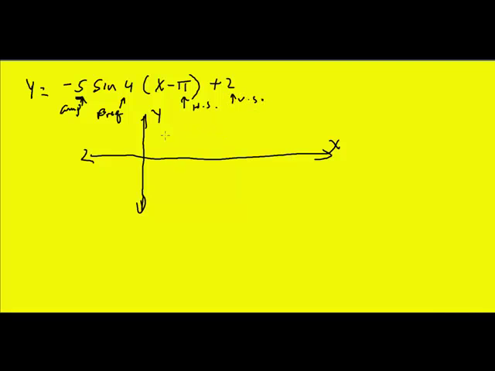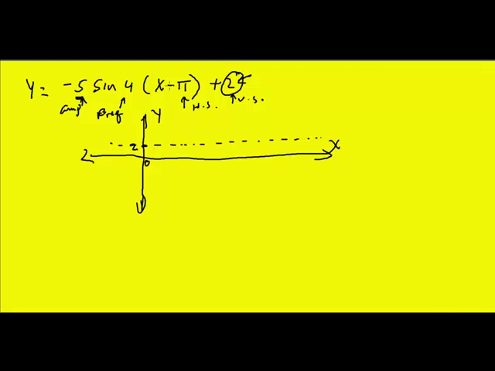Because my vertical shift is 2, I'm going to go up here, call that 2, and draw a new horizontal axis, in a dotted line, because this shifts the whole curve up by 2 units. Originally 0 was my middle, but now my middle is at 2.